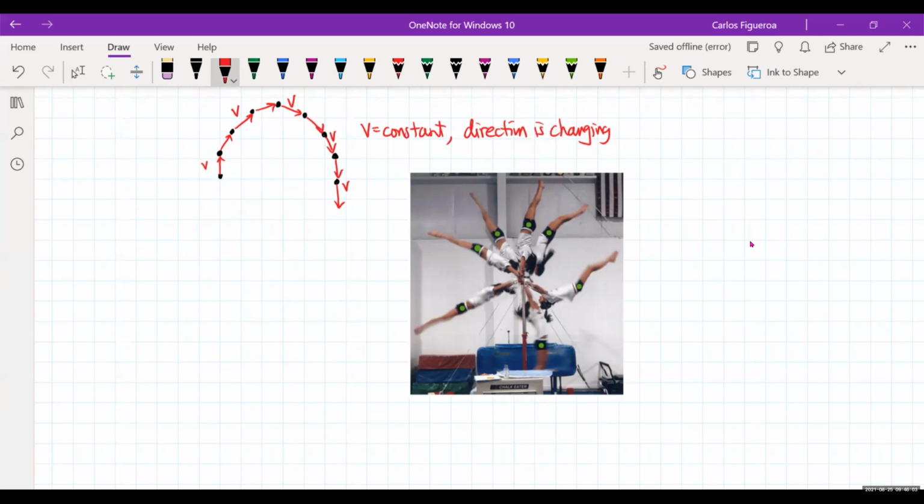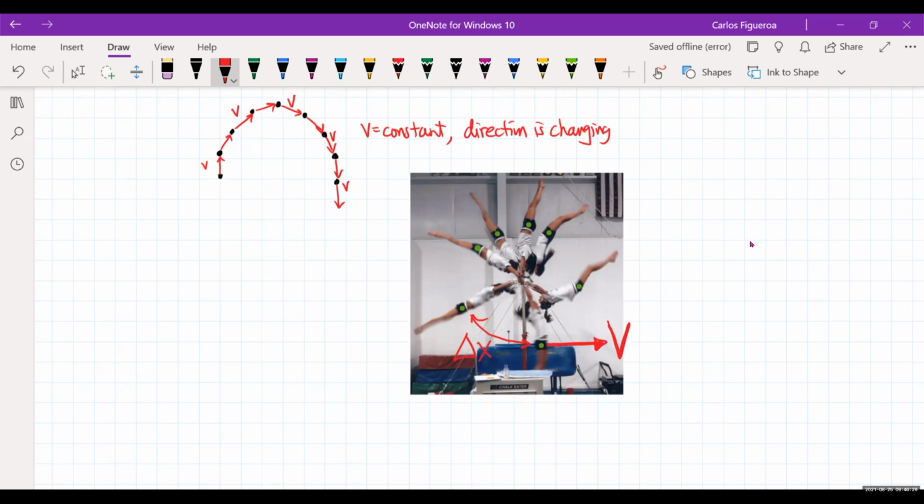The spacings are larger. If I look at the spacing from here to here, this spacing is very big. So that means that right here, I should have a big velocity.